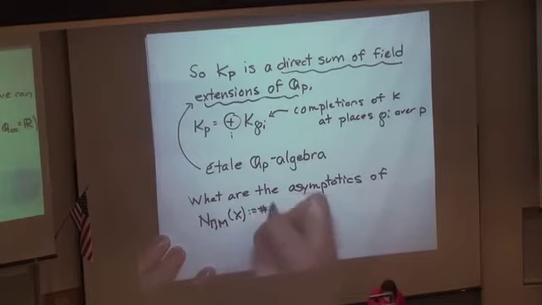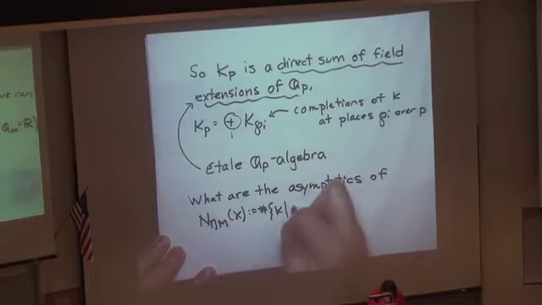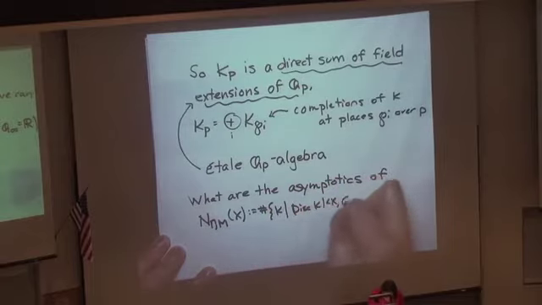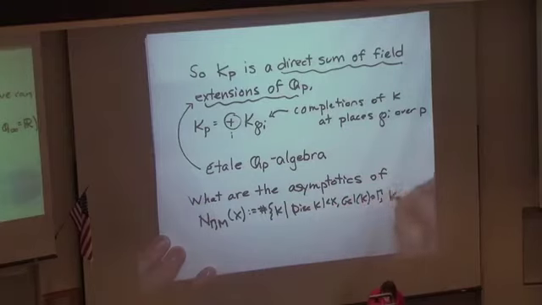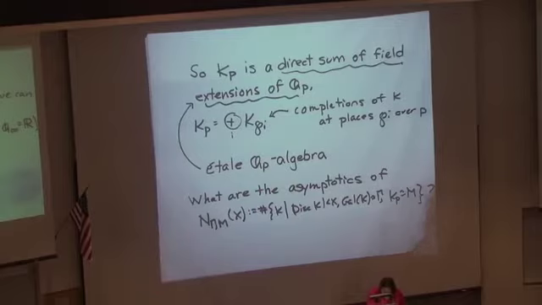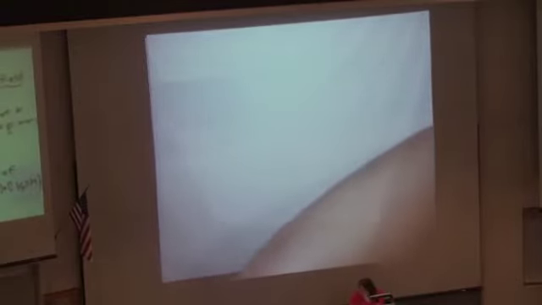So let's say count number fields with discriminant at most X, Galois group Gamma, and K_P isomorphic to some fixed M, an étale Q_P algebra. So that's now a question where I'm counting number fields with some particular Galois structure and some particular local behavior.